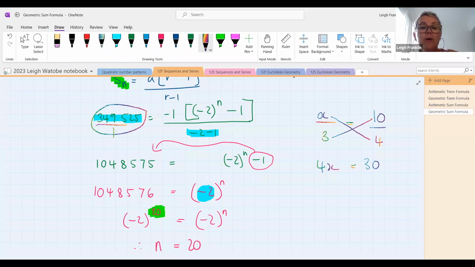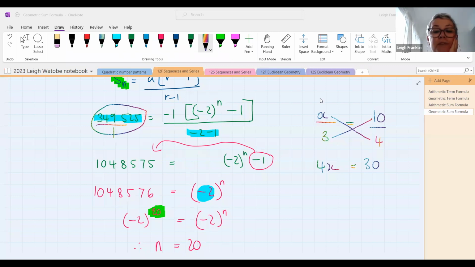Okay, so I can use cross multiplication as a method to solve equations. All right, let's see who else has got a hand up. Lungile, go for it. Yes, so 1,048,576 is positive, but remember I added 1.